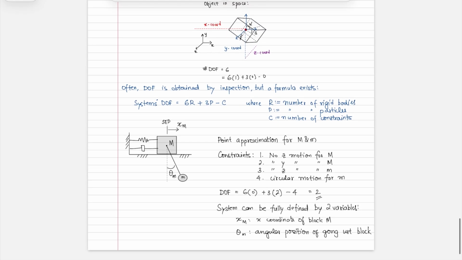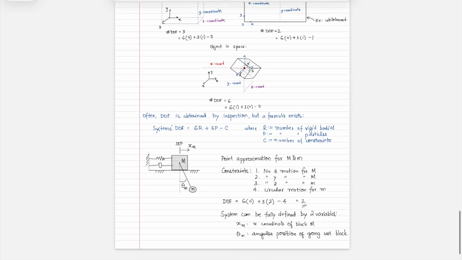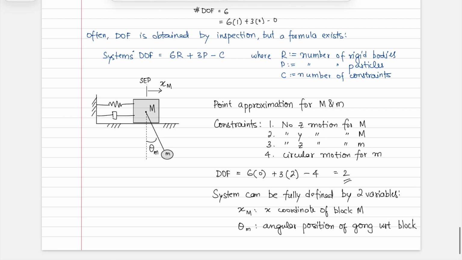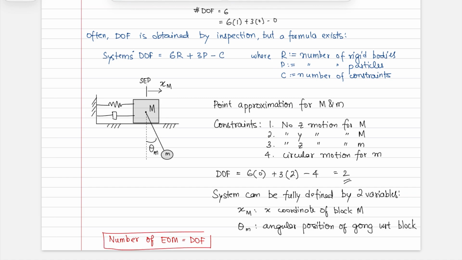Now, what is key is that the number of equations of motion that you will obtain so that you can fully define the system is going to be equal to the number of degrees of freedom. Why is that?